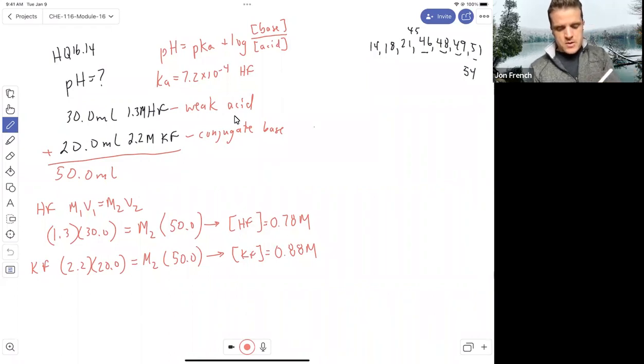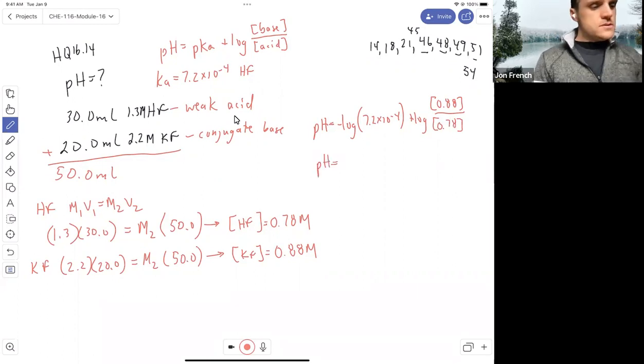So the Henderson-Hasselbalch equation: pH equals pKa, which means the negative log of Ka, so negative log of 7.2 times 10 to the minus 4, plus the log of my base. My base is the potassium fluoride, so 0.88 over the concentration of my acid, 0.78.